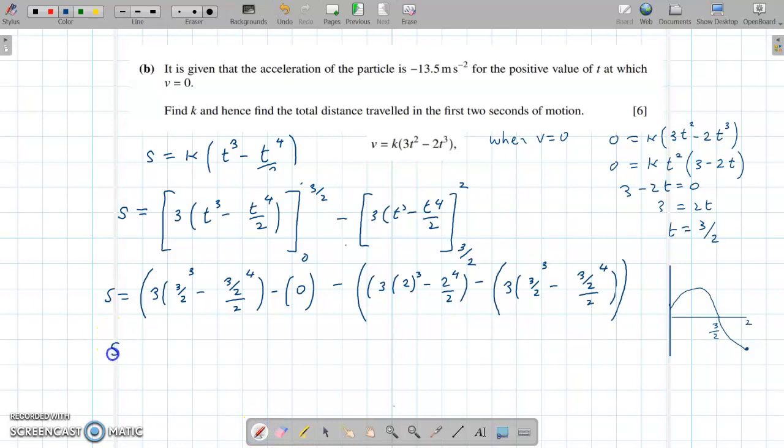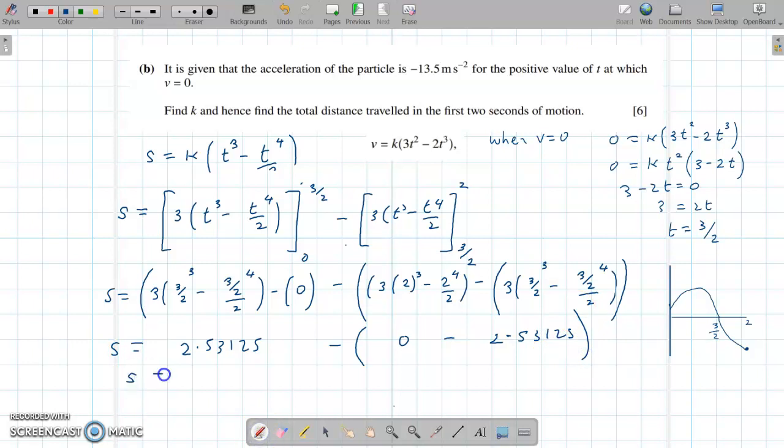So let's do it then. S equals, well, this first bit of brackets will be 2.53125, minus, open brackets, this bit is 0, minus that bit, which is 2.53125.